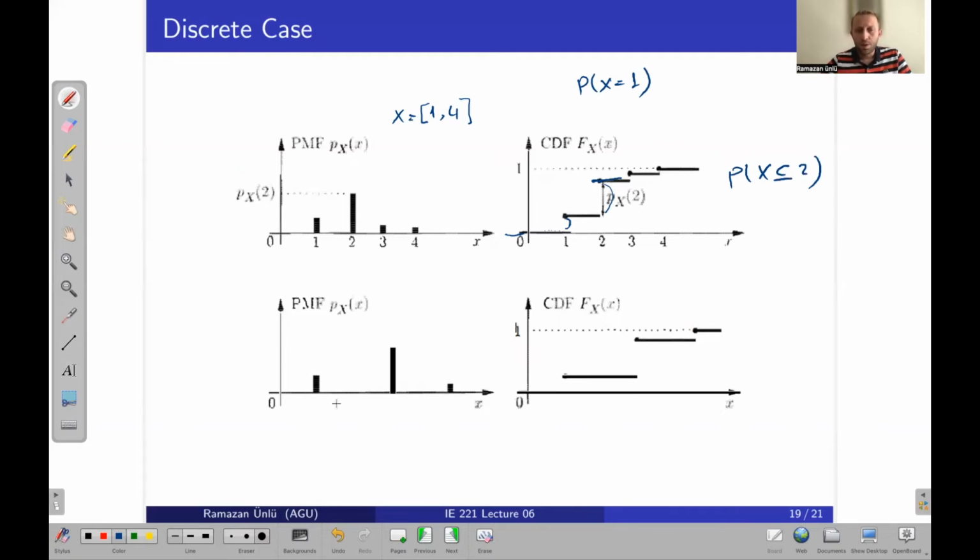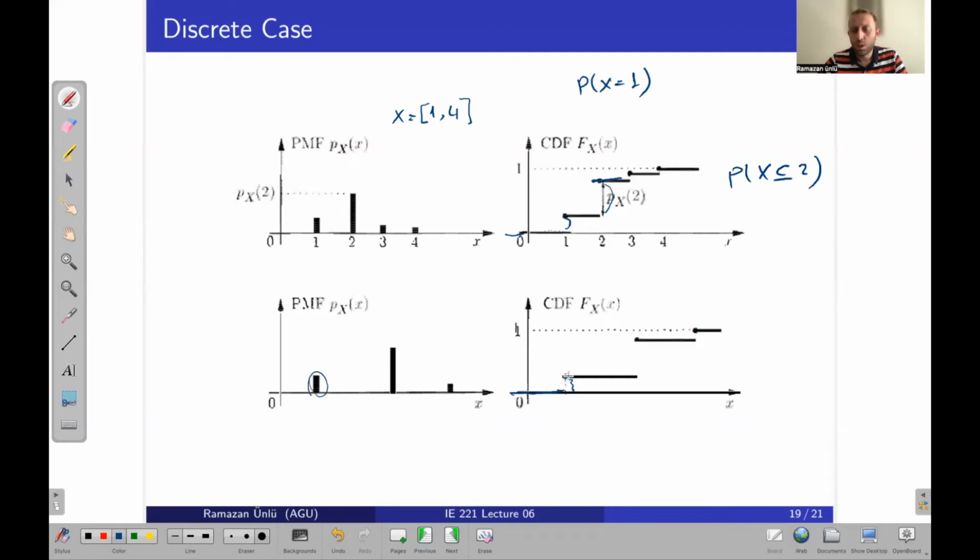In another example, we did the same thing. In this case, the random variable takes 3 different values. Until the first value, the probability will not change, and it will be 0 until that point. So the left side of the smallest possible value will be 0. Exactly at that point, there will be a jump, and this is the probability of the first possible value.